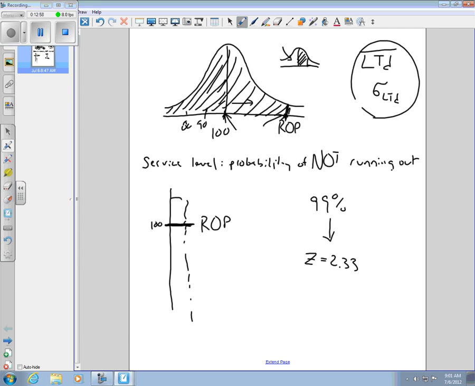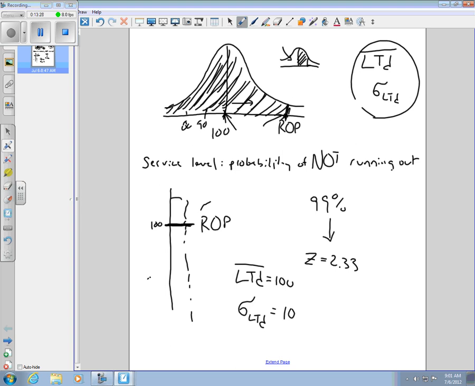Okay? So what we're saying is, in order to account for 99% of what might happen, we need to come over from the mean 2.33 standard deviations. Well, we haven't yet discussed what one standard deviation is. Let's say in our example, average lead time demand is 100, and the standard deviation of lead time demand equals 10.